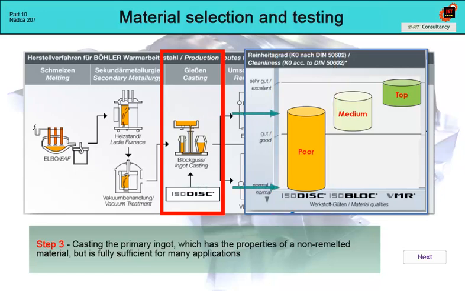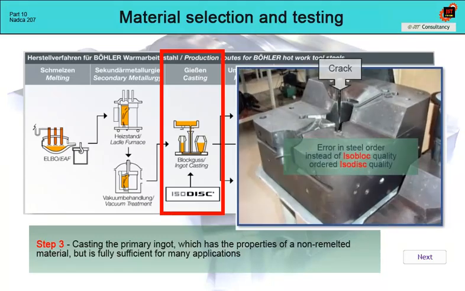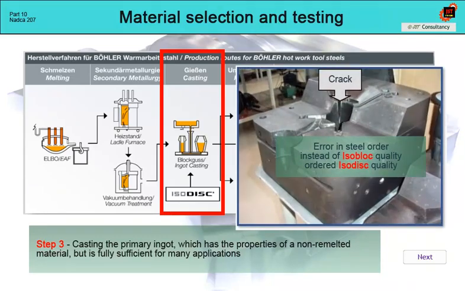Of course, the resulting impact strength also corresponds to this. It is possible to purchase material that will have properties corresponding to remelted steel, but also material that will be significantly worse. There is therefore a high risk that using steel produced in this way in a die casting dies will not achieve the necessary tool life.